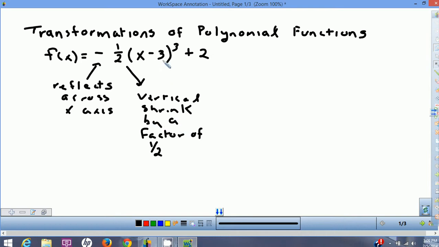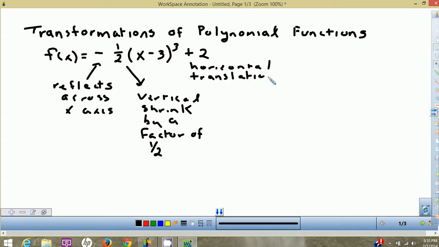This number in the parentheses that's being raised to the power, this x minus 3, tells me that this is a horizontal translation. I am moving left or right according to that number. In this case, we're talking about x minus h, so I am moving to the right 3 units. And this number on the end gives me my vertical translation.